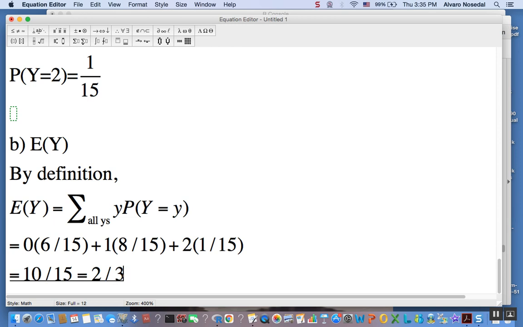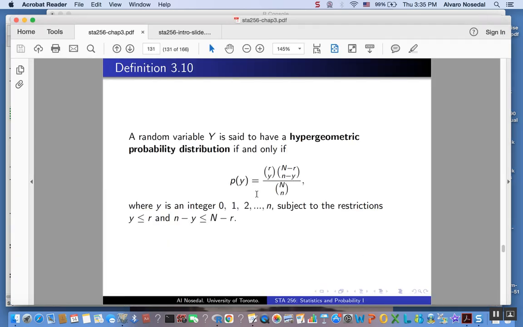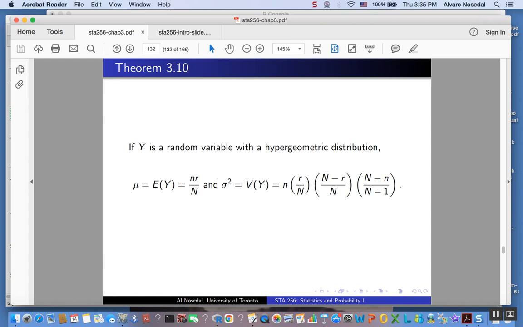Now, as I said, it turns out that it can be shown that the expected value of a hypergeometric distribution is given by this formula: n times r divided by uppercase N. Right? Let's test drive this formula.